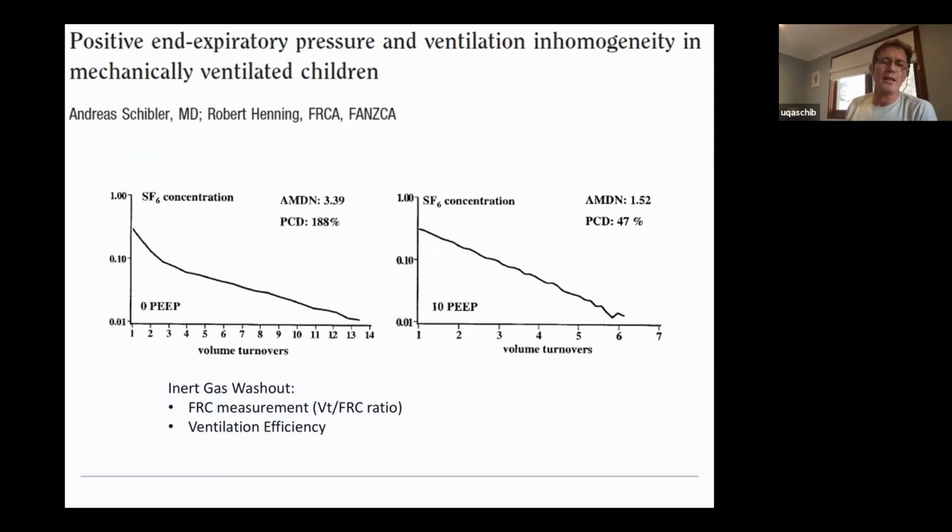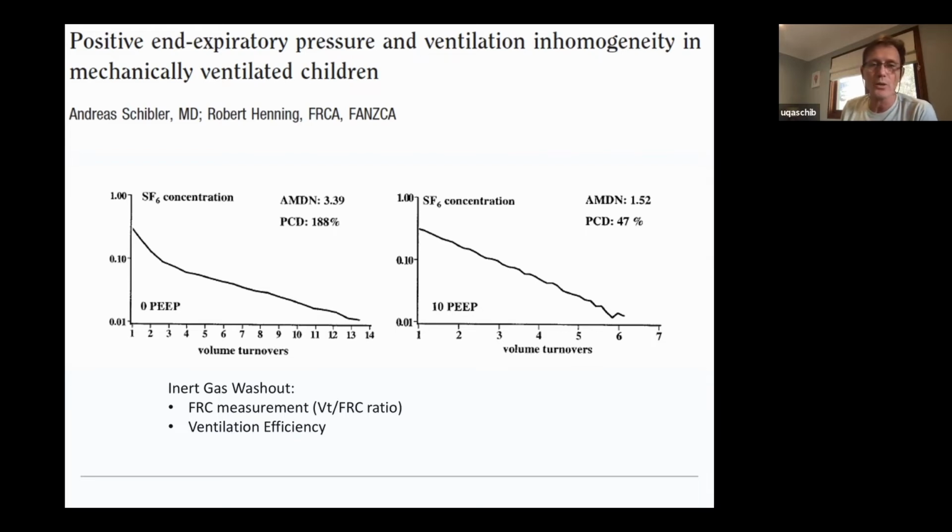I just show you a very, very simple approach that we have done using similar technology. If you look at the sulfur hexafluoride exhalation in a child without PEEP on the left side. Just look at the curve. It's a logarithmic scale on the left side. And then we added PEEP on the right side. And you can see how the so-called end tidal SF6 concentration is more linear in this logarithmic scale.